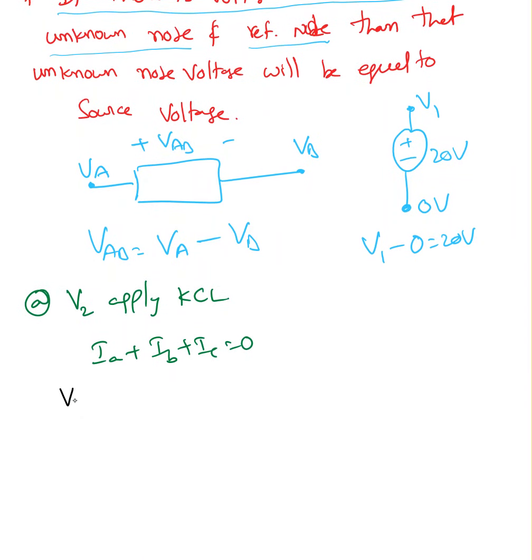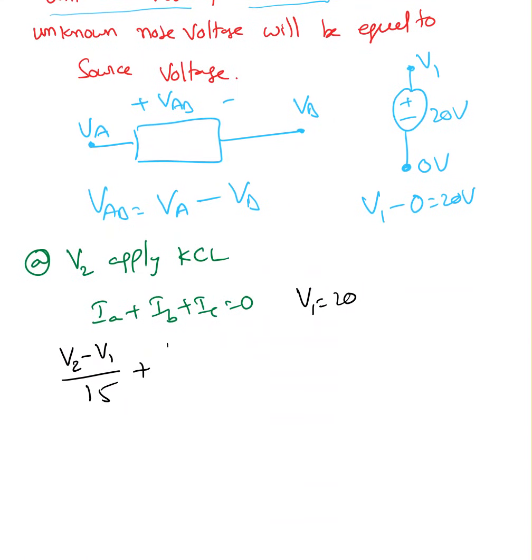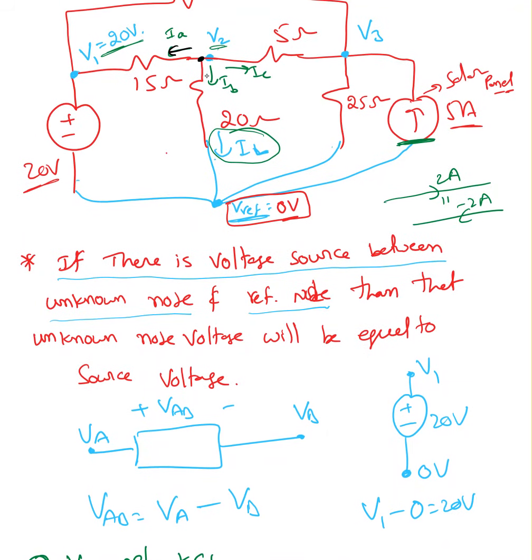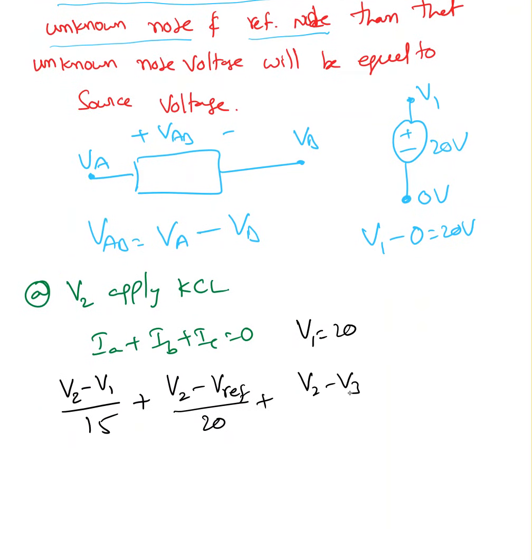I know V1 equals 20, I'm going to substitute it in a minute. IB equals V2 minus 0 over 20, so V2 minus V reference over 20. IC is nothing but V2 minus V3 over 5. So V2 minus V1 over 15 plus V2 minus V reference over 20 plus V2 minus V3 over 5 equals 0. This is my KCL.